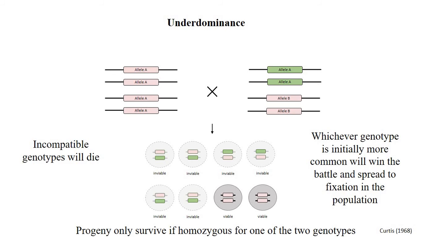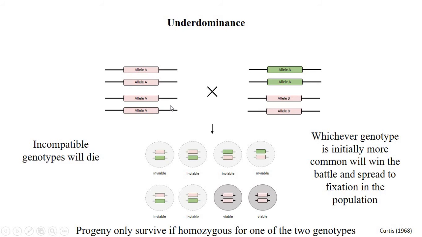So within the population, there are multiple genotypes. There are individuals that have these different alleles. These alleles will only be viable when they are homozygous. The most common allele usually will be fixed in the population because there are more individuals with this allele.